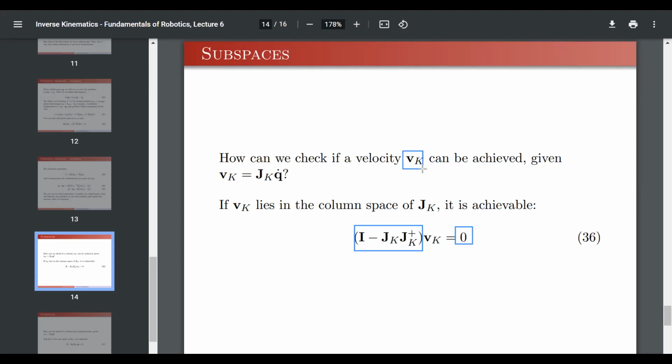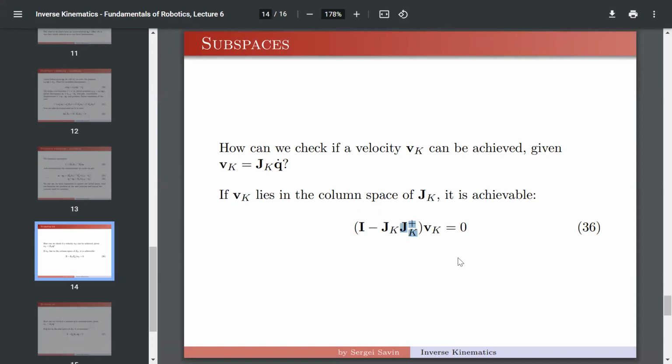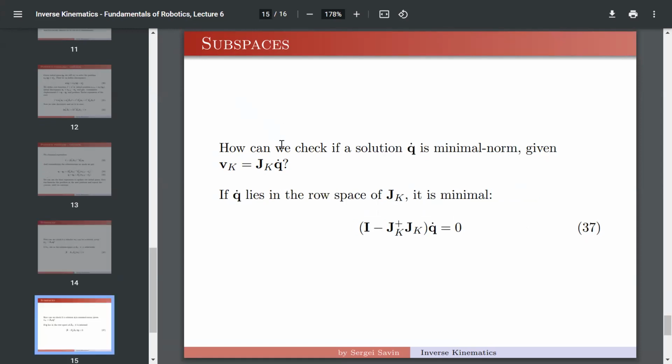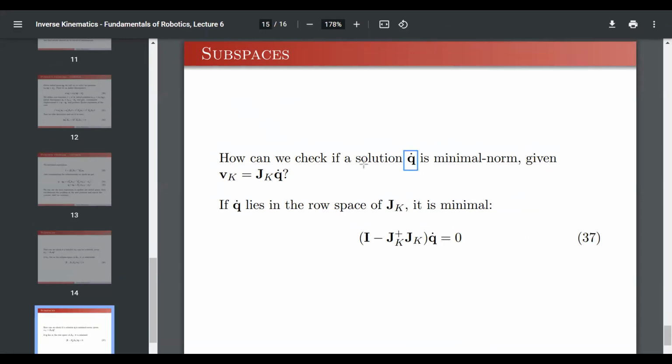So we want to check if Vk can be achieved. This is how. Easy, right? It's not very difficult. And this pseudoinverse of Jk, you probably already have it somewhere. So this check is not even computationally expensive.